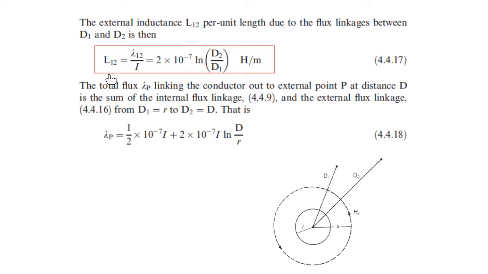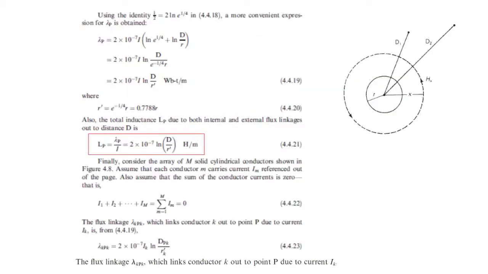So this is what? This is the inductance between D1 and D2, between this point here and this point. Therefore, we get the inductance. All right, and so we can go on.